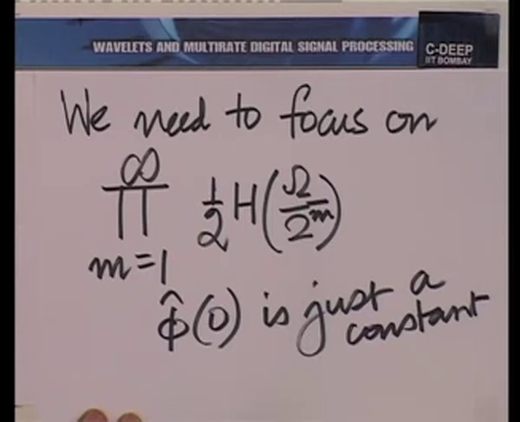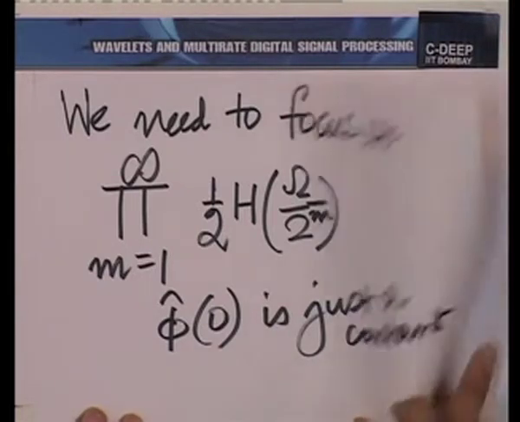So, let us take just two terms in this product instead of infinite terms. In fact, now we need to interpret this continuous analog variable a little more carefully here. When we bring in the idea of a continuous analog frequency variable here, then we need to remember that we are taking the Fourier transform of a continuous function.